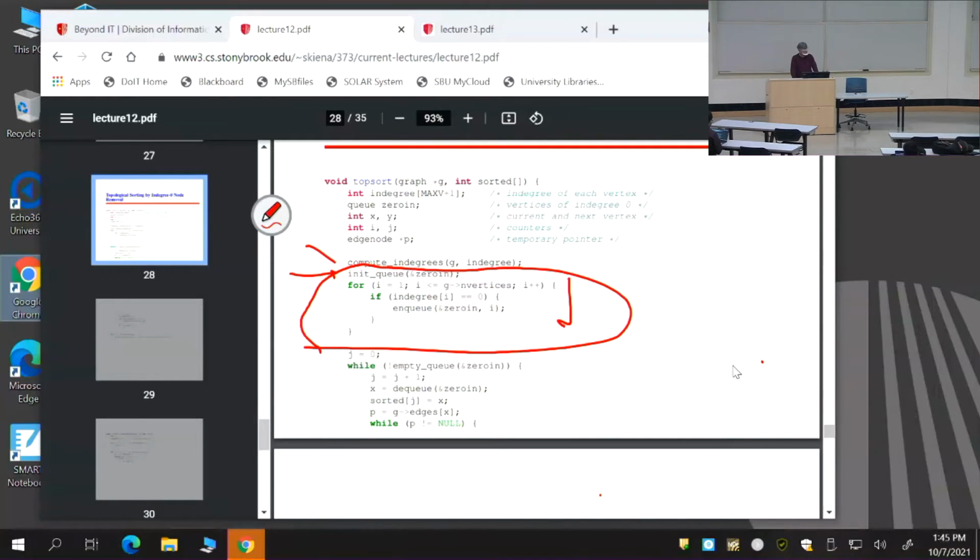How much time does this part of the code take, once I have the in-degrees? O of n, right? So this was n plus m, and this was n.